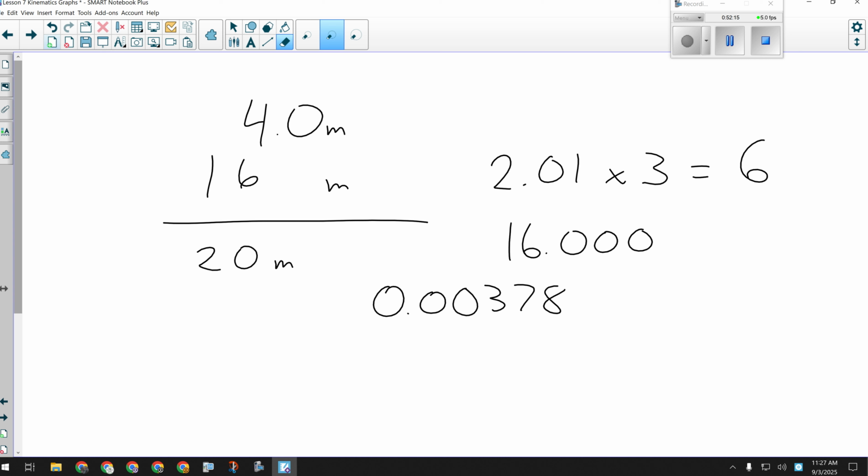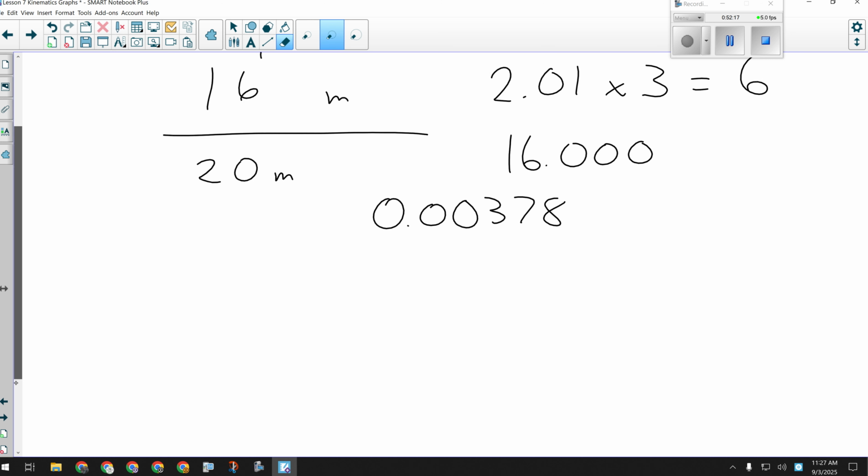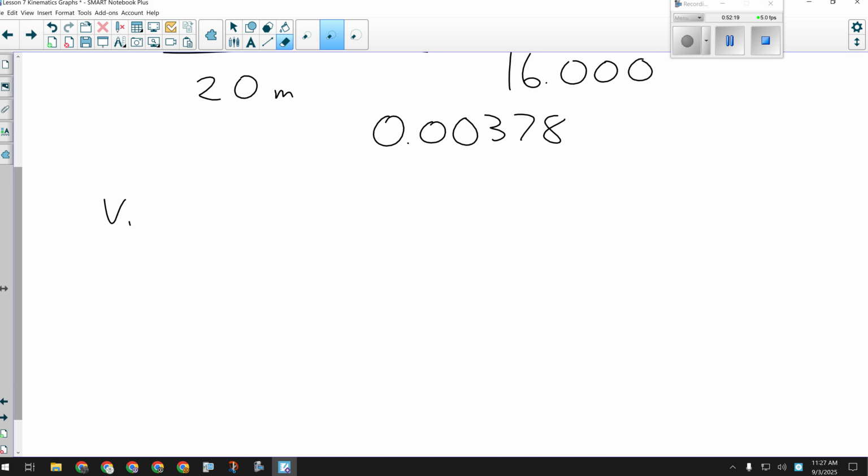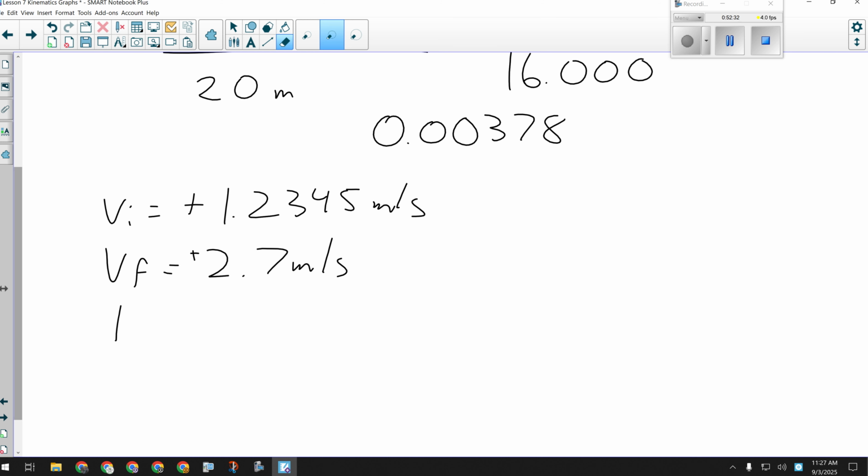So if I gave you a question like this, and I said your initial velocity was positive 1.2345 meters per second, your final velocity was 2.7 meters per second, and the time was 1.63 seconds.